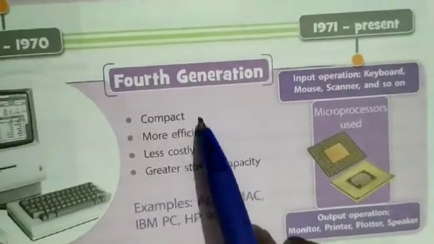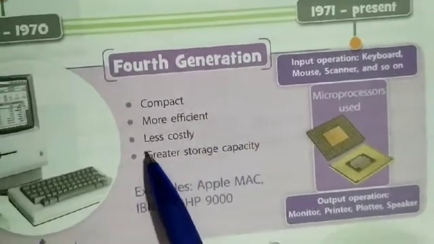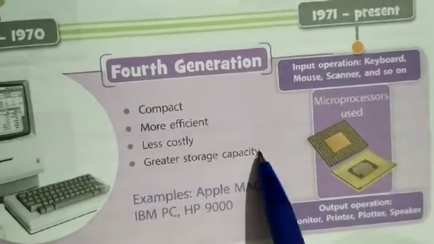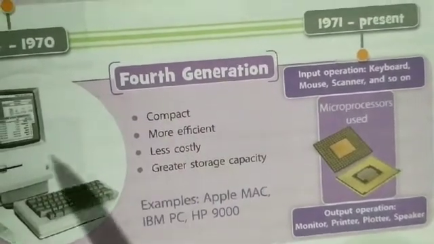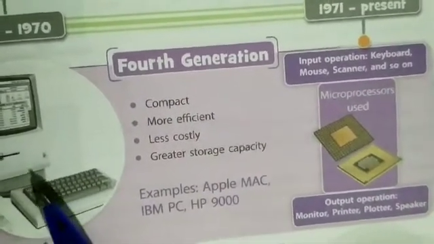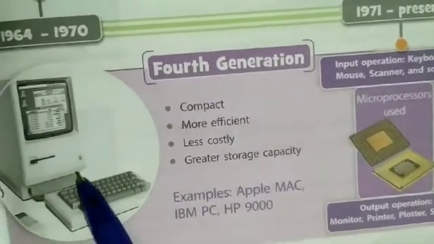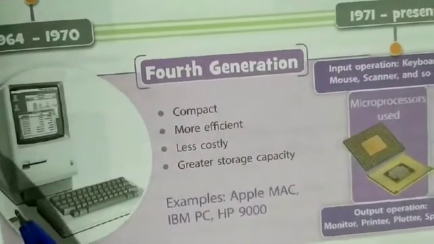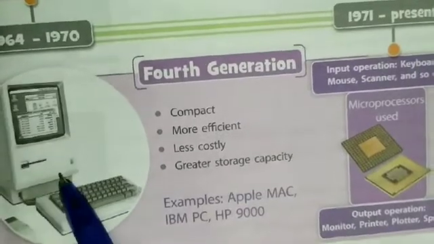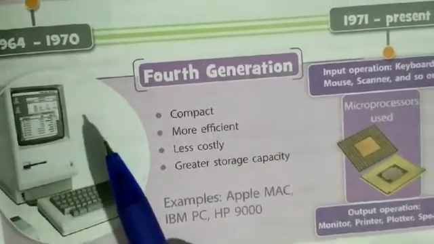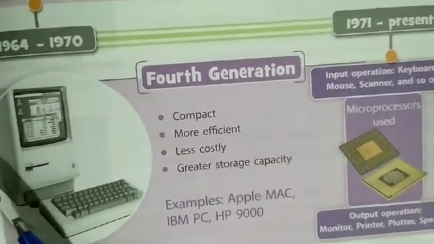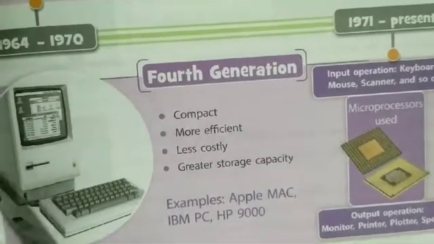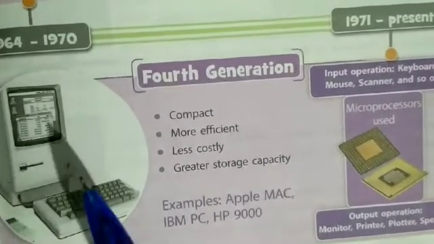They are compact, more efficient, less costly, greater storage capacity. In this generation, we are using computers which are more efficient. Their speed is higher than first, second and third generation computer. They are not as heavy as first, second and third generation computer.